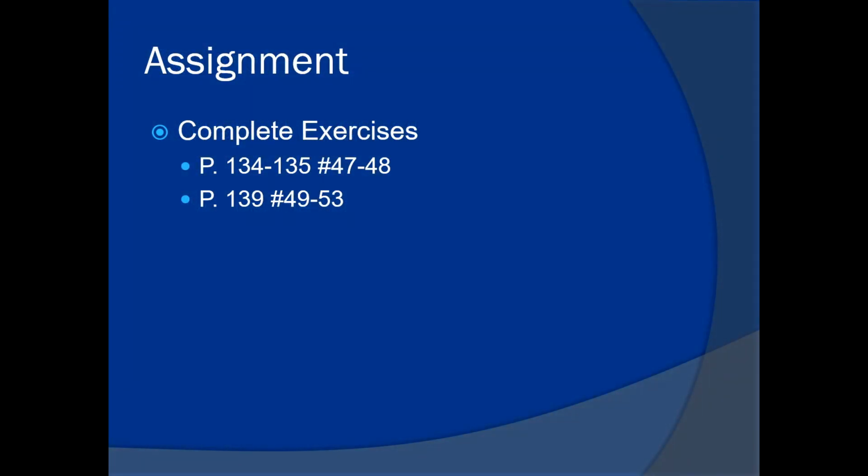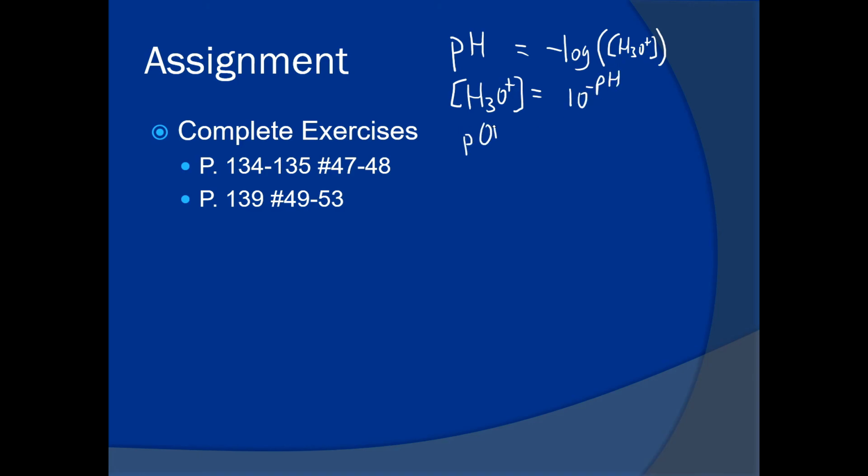So to do a quick recap while the assignment's up here, pH is the negative logarithm of the concentration of hydronium. And then the reverse, if you do the antilog of that, that'll be 10 to the negative pH. And pOH is the negative logarithm of the concentration of hydroxide.